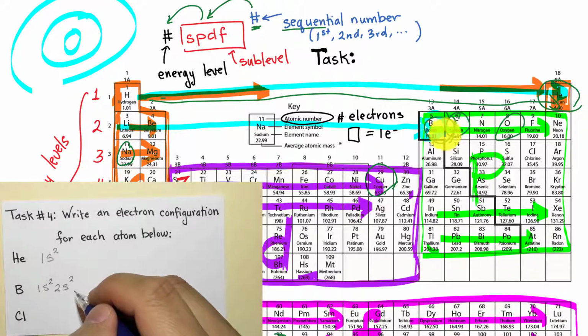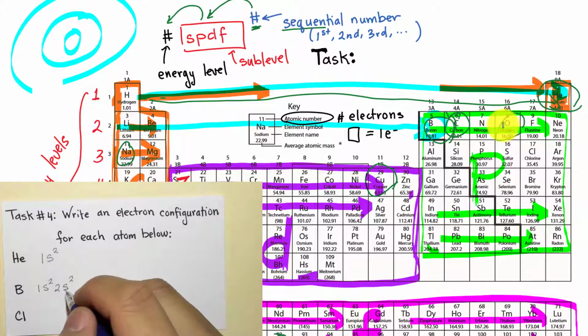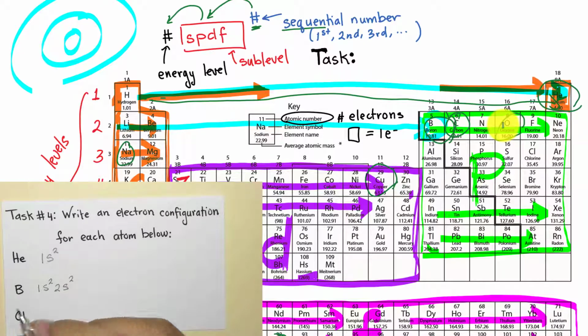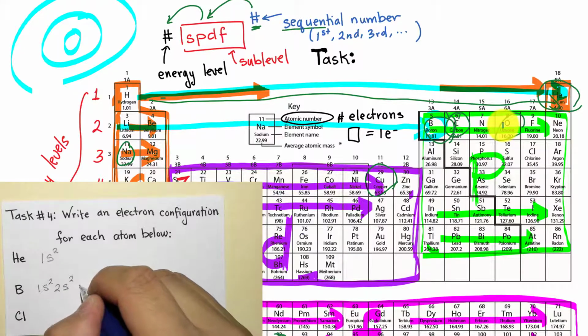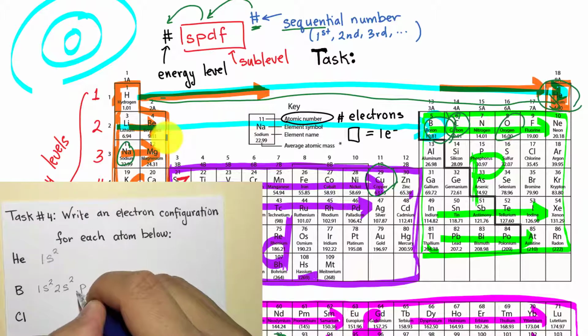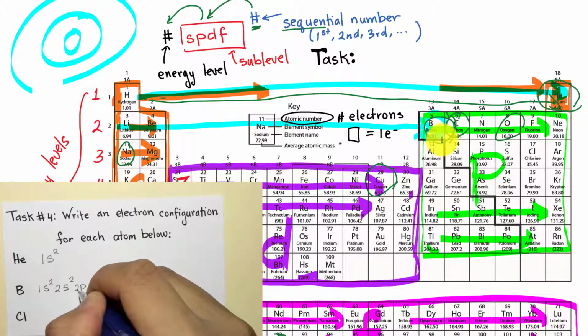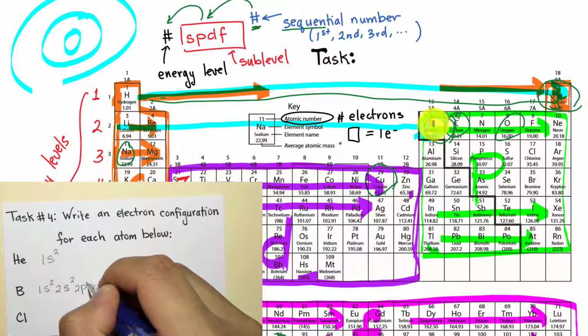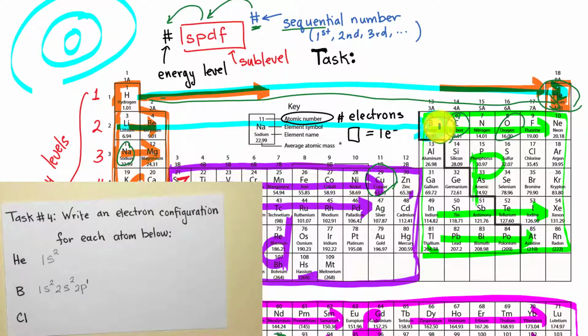But we also have the P sublevel. Because now there are 2 different sublevels, we have to write them separately. So we have the P sublevel, which belongs to energy level 2 again. And what is the electron count in this P sublevel? Boron is right here, so this is where we stop, and that is the first electron in the P sublevel. So that's 1. And that's pretty much it.